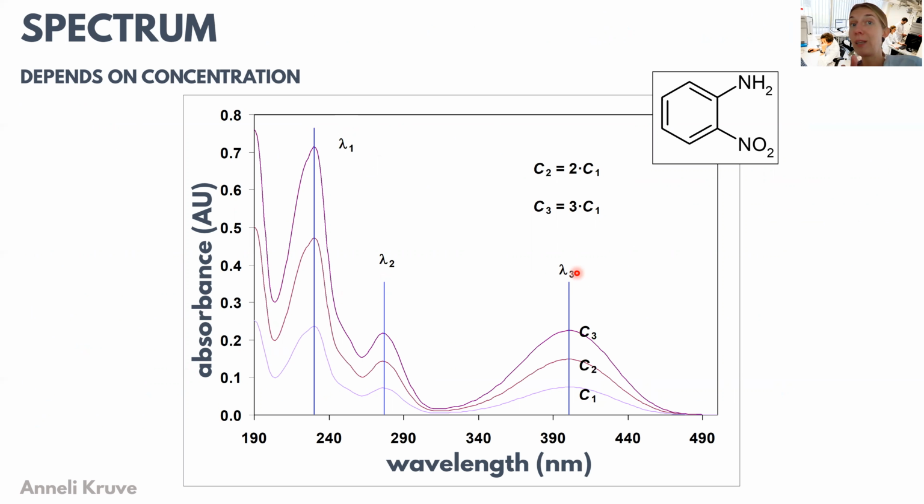I give you a second to think about it. Okay, maybe you thought about which wavelength you would use for the quantitative analysis of the nitroaniline based on the spectrum. Now the question is, what are the important considerations?